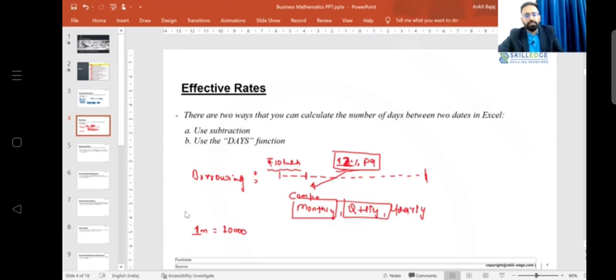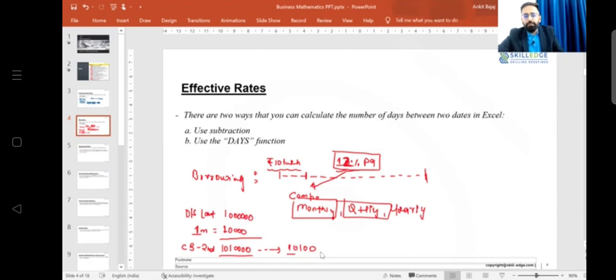Now your outstanding loan amount is 10 lakh rupees. So what will be the closing balance of this loan for the second month? It is going to be 10 lakh 10,000. Now you have to calculate your interest liability for the second month on this amount, which is going to be 10,100 rupees.